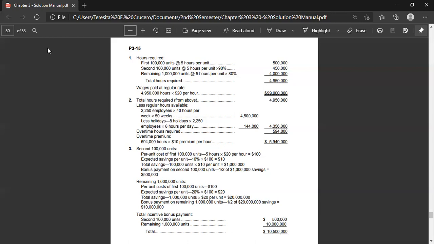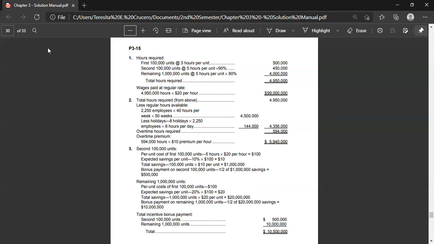Now, considering that the workers work a total of 8 holidays during the year, so 144, we get the difference. That's for the regular hours, 4,356. Total hours required is higher.